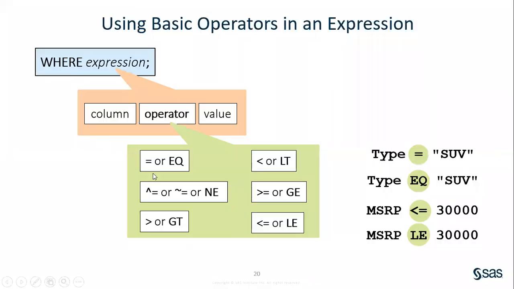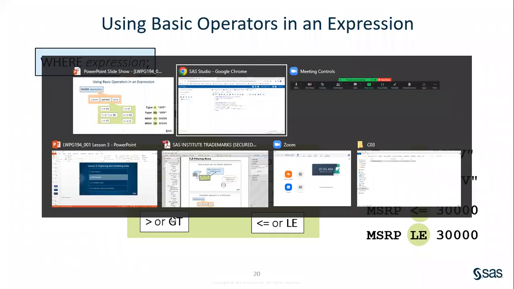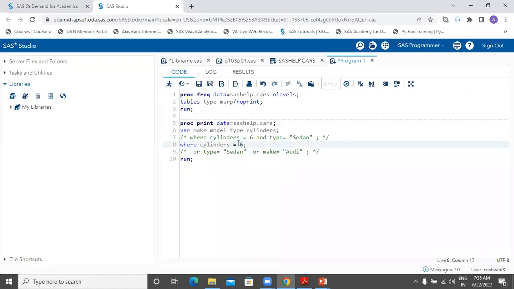So this operator could be equal to sign, less than, greater than sign, greater than equal to, less than equal to, not equal to. Okay, GT, either you write this sign or you write GT, both are equivalent. Okay, so in case I write this condition, I want to select all the values where the cylinders are greater than equal to 6. Now pay attention.